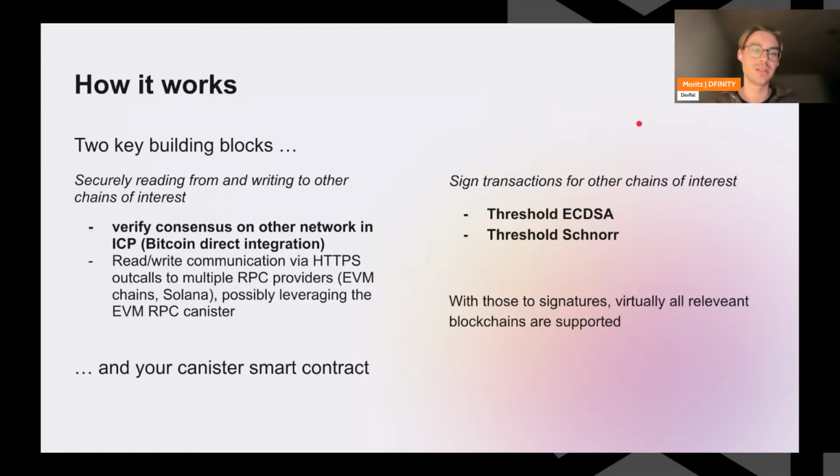We ramp up the security here by talking to multiple RPC providers. This is out of scope for this talk, but I still wanted to mention it. So what you need is the Bitcoin direct integration and threshold signature schemes, and of course your canister smart contract to tap into those two capabilities.